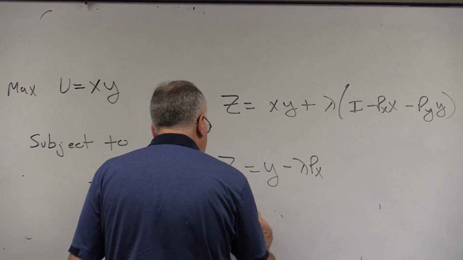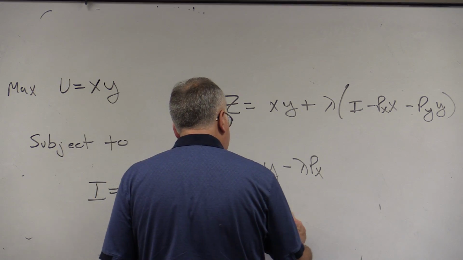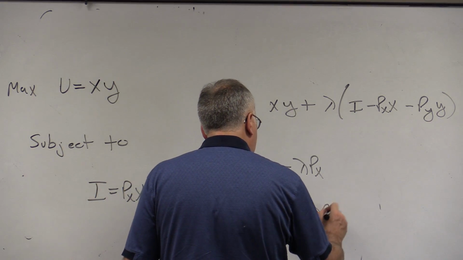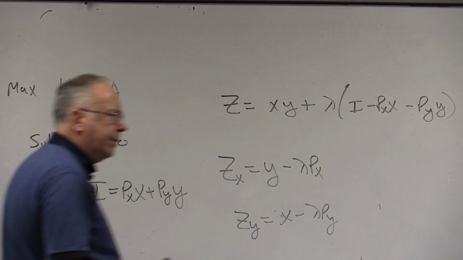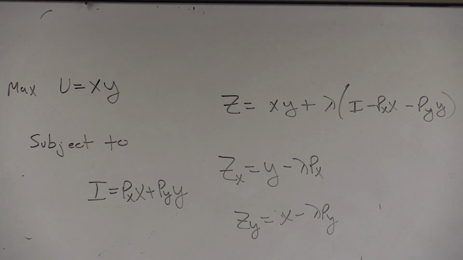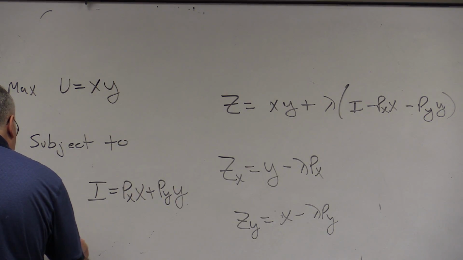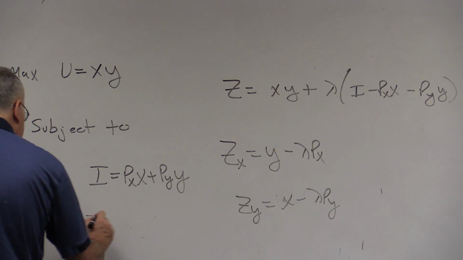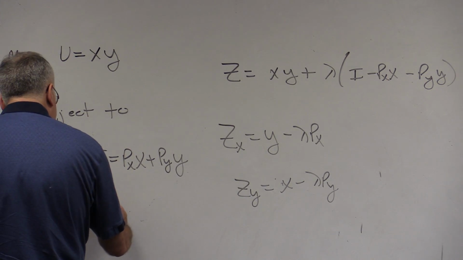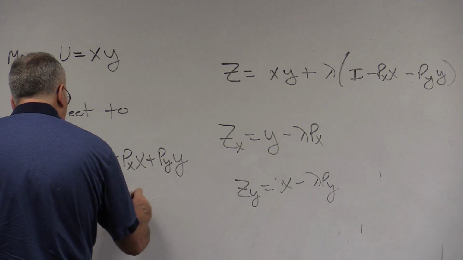Z sub y was this. We don't even need z sub lambda for the second order conditions. Our constraint function g is just pxx plus pyy.